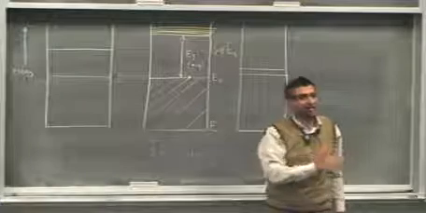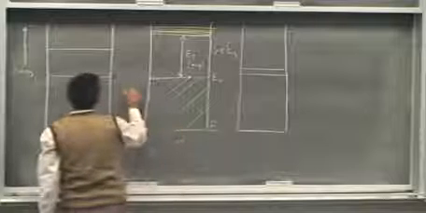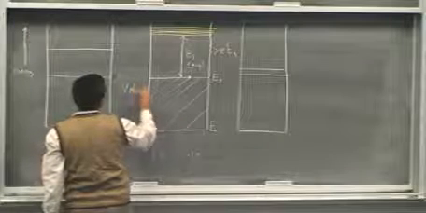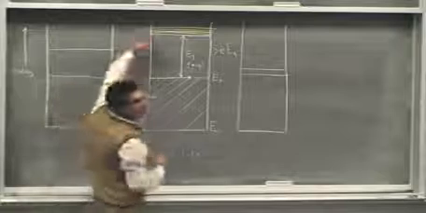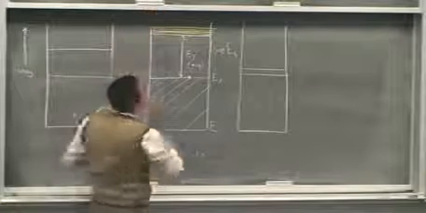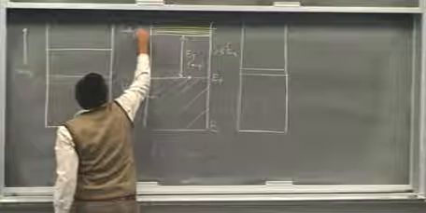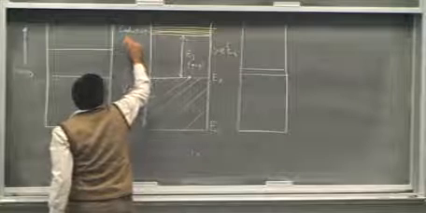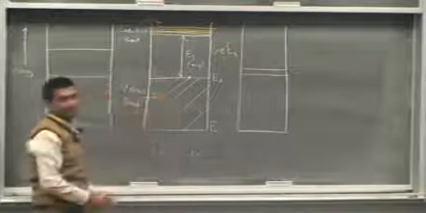It's called the valence band. And this band, which is empty for an insulator, is called the conduction band. And this is totally empty.